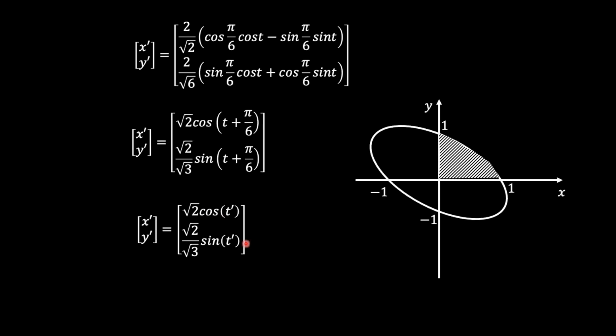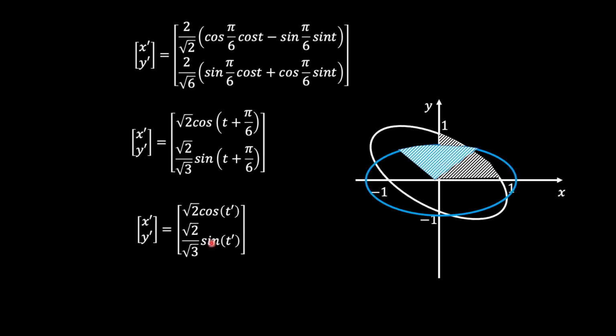And so for the area of interest shown here, we have now a new ellipse that has the major axis and the minor axis aligned to the x-axis and the y-axis respectively.